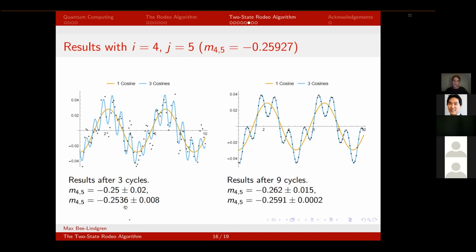We can compensate for some of this with a 3 cosine fit, although it's a lot worse than the 3 cosine fit when there are only 2 energy states, or when there are only 3 energy states. And even though the state is pretty noisy, the single cosine fit does a reasonable job of estimating the matrix element. And then with 9 cycles, the data is a lot cleaner, and we can cleanly fit it with the 3 cosine fit and still get a really precise matrix element estimate.